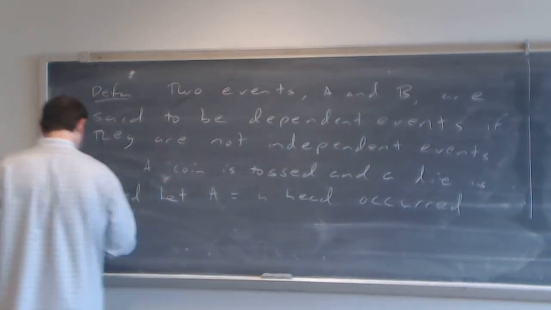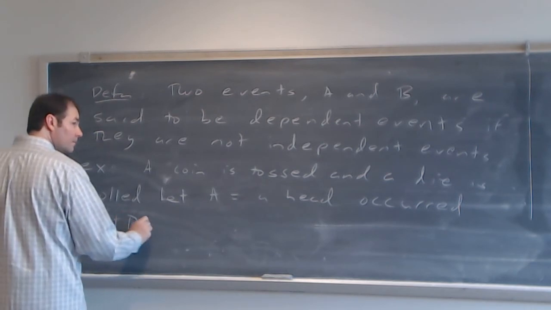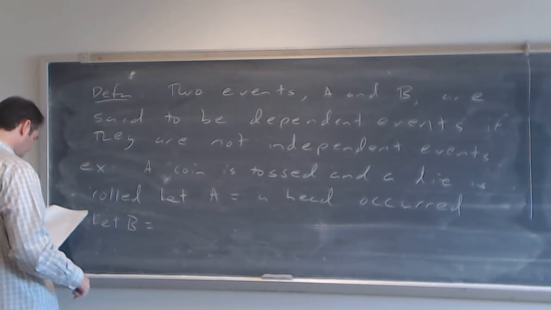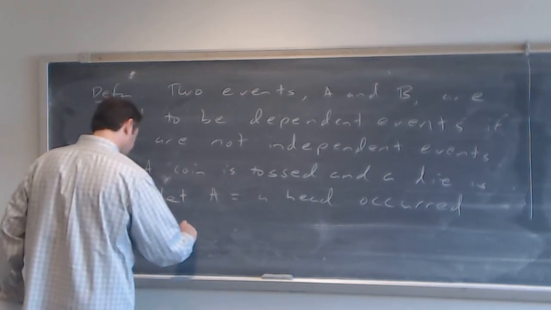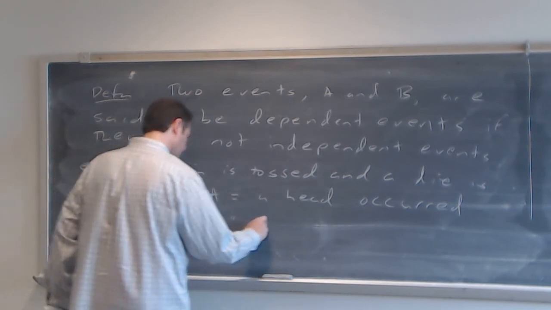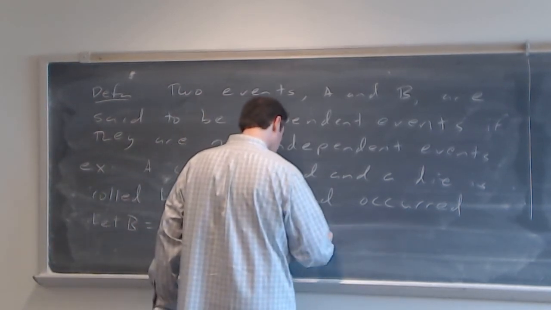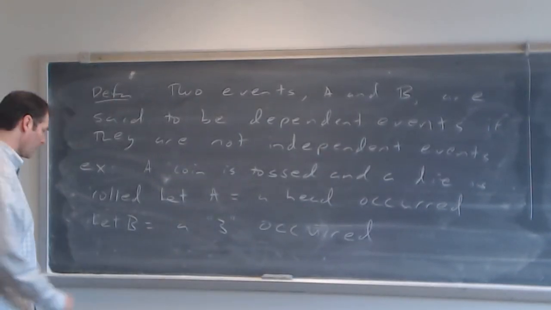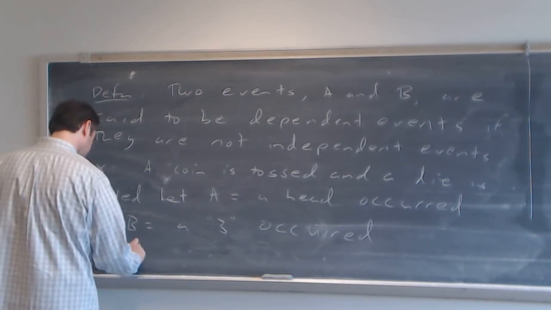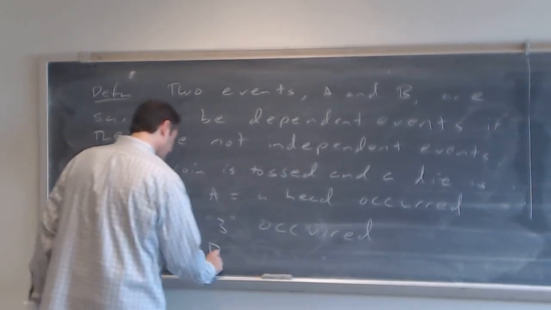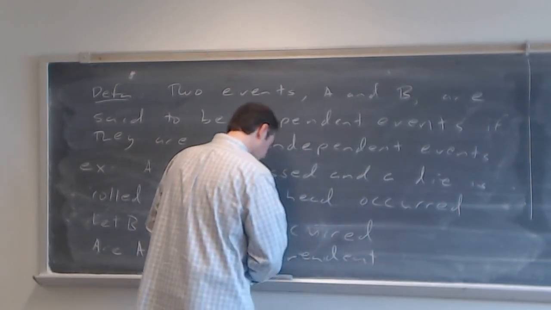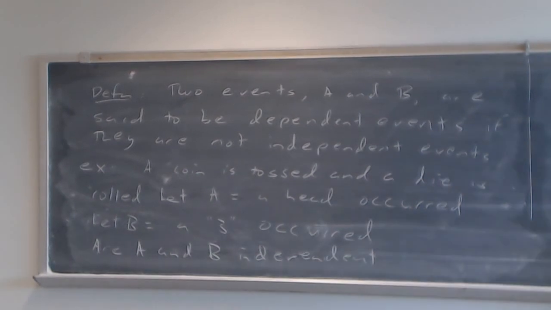Let B be the event that a 3 occurred. The heads on the coin toss, the 3 from the die roll. Are A and B independent? Let's take our time, let's look at the sample space, see if we can figure this out.